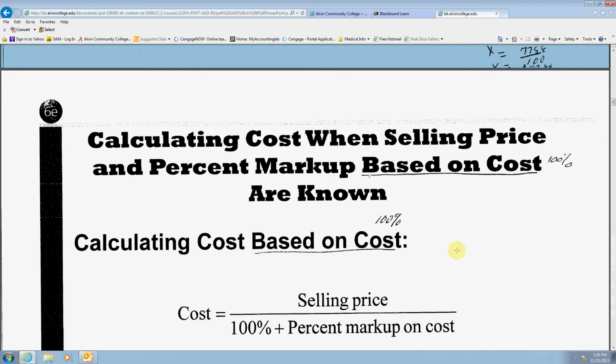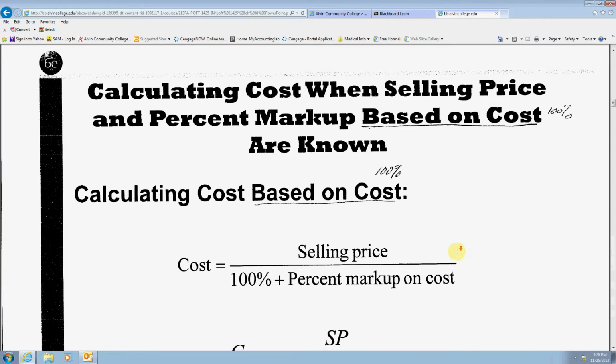The next one is calculating cost when selling price and percent of markup based on cost are known. We're calculating cost based on cost, so that means that that's 100%. And our formula is selling price divided by 100% plus percent markup on cost.